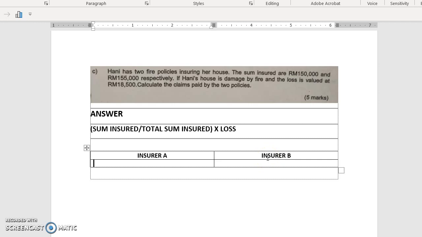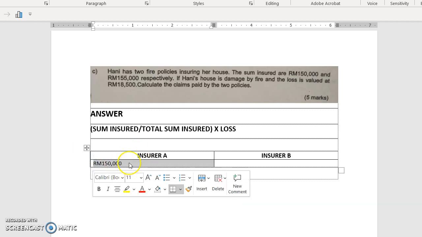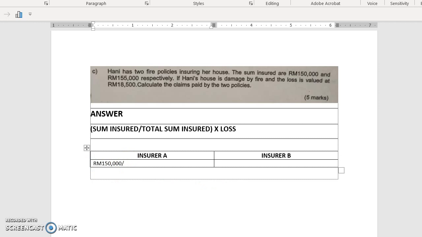For insurer A, the amount of sum insured is 150,000, for the first insurance policy. And then you divide by the total sum insured, which is 150,000 plus the second policy's sum insured of 155,000.